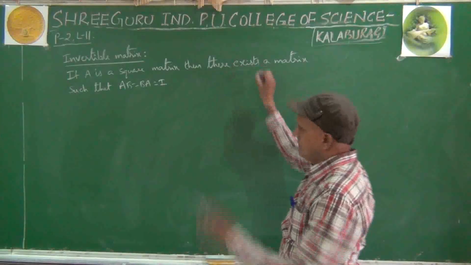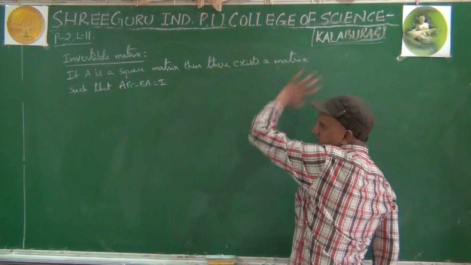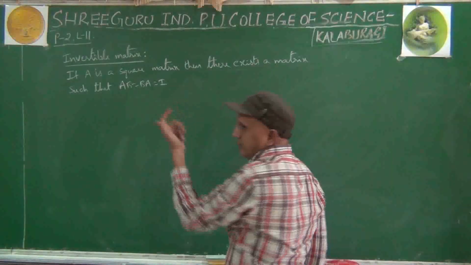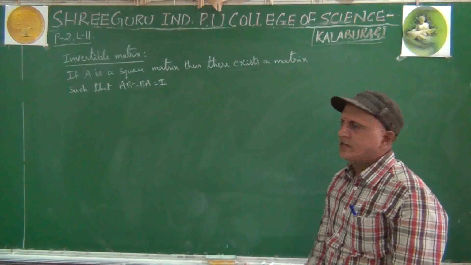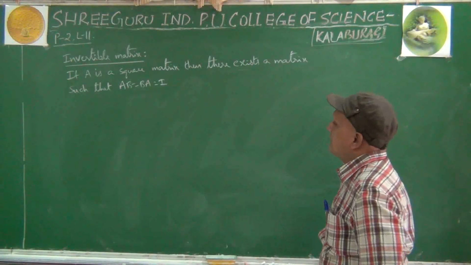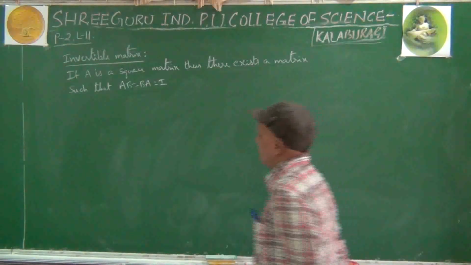There exists means there will be one something. What is that something? Matrix. There exists a matrix. How does that matrix exist? To satisfy this condition: AB equal to BA equal to I.